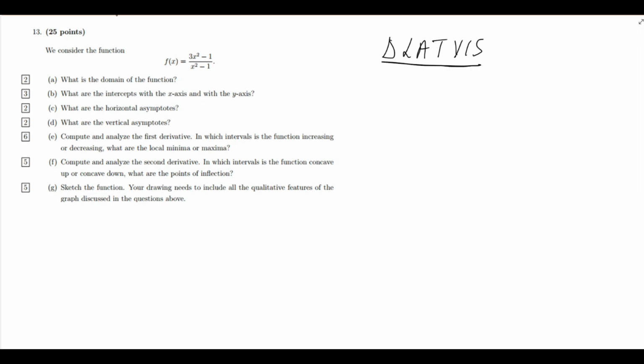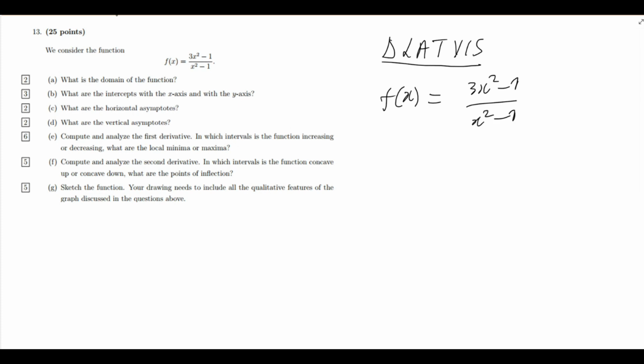Using this, first of all, we have been asked to look for the domain, which is D. The domain of definition of any function is simply the range in which that function exists. We have our function f of x to be (3x squared minus 1) all over (x squared minus 1).